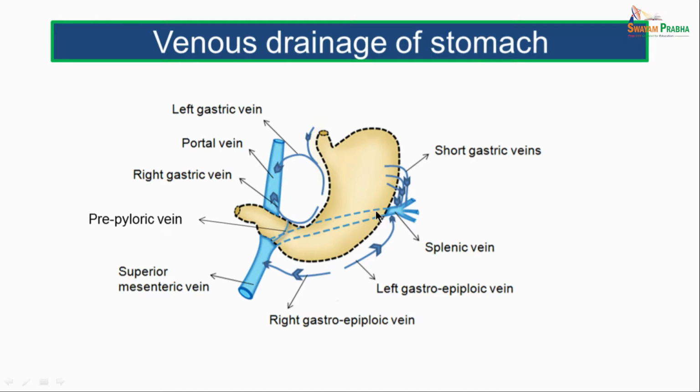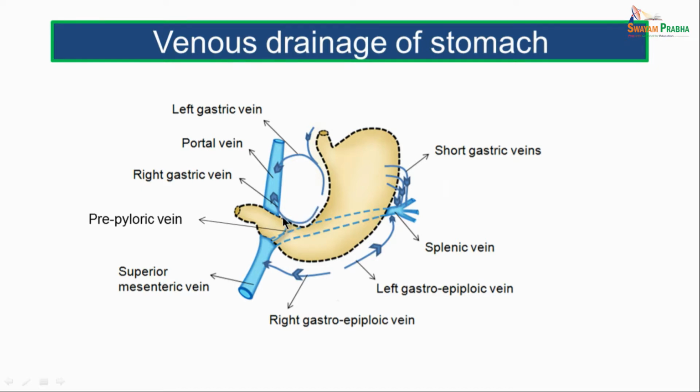The splenic vein travels behind the stomach and joins with the superior mesenteric vein to form the portal vein. The right gastroepiploic vein drains into the superior mesenteric vein. The pre-pyloric vein of Mayo drains its blood into the right gastric vein.